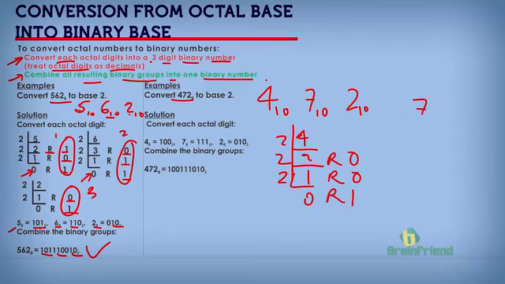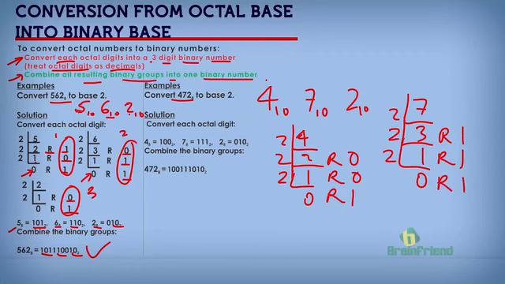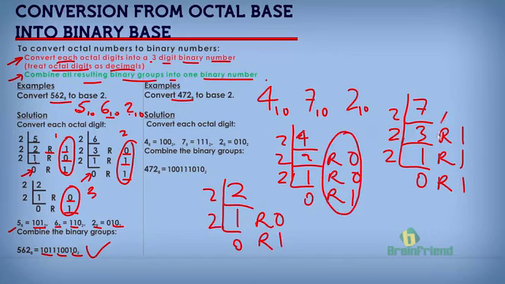Also, 7 divided continuously by 2 gives us 3 remainder 1, then 1 remainder 1, then 0 remainder 1. And lastly, 2 divided by 2 gives us 1 remainder 0, then 0 remainder 1. So we have 3 groups of binary numbers.